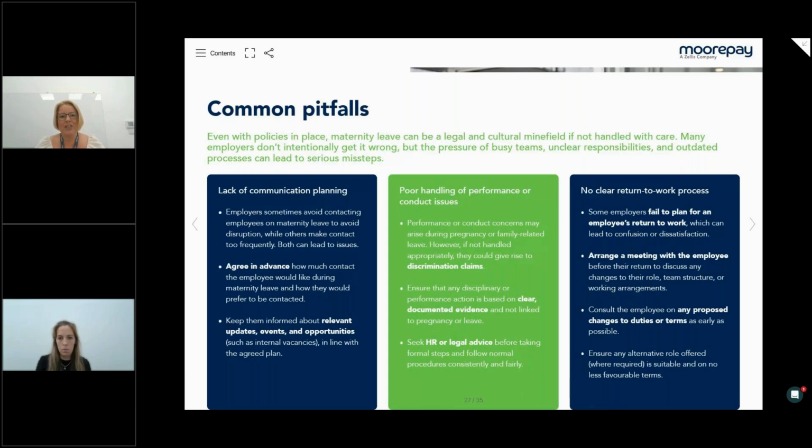If there have been any changes, and I'm sure you would have consulted through the KIT days, make sure you meet with the employee on return to work just to consult further, just to make sure everyone's okay with the changes. And also make sure that any alternative work that has been offered as part of any process while they've been off, make sure they're not suffering a detriment as a result of being on maternity, because that is a huge no-no and can cause you a headache from an employment law perspective.